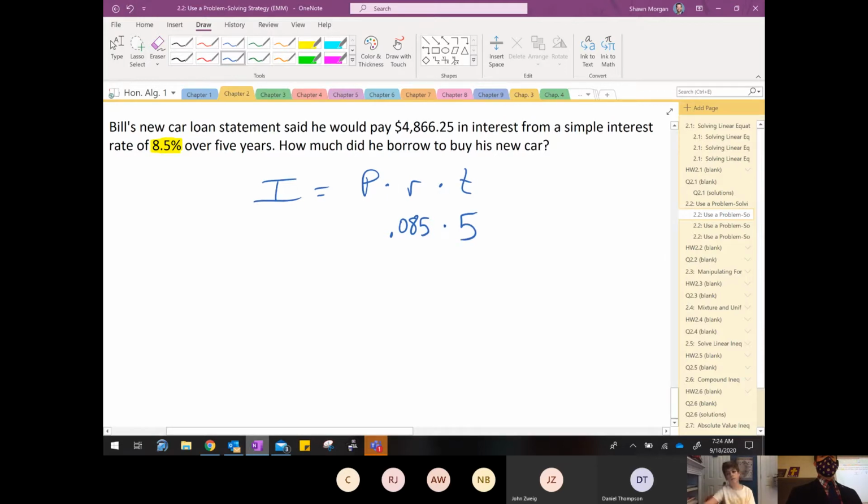5 years. All right. And they told us that the amount of interest was 4866.25, which means that the principal investment, in other words, how much he had to borrow initially. That's what's weird about this one, right? That's what's different. On the first one we were given the principal, rate, and time, and we just had to multiply all three of them to get the interest.